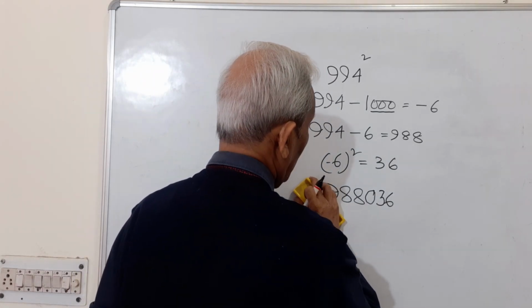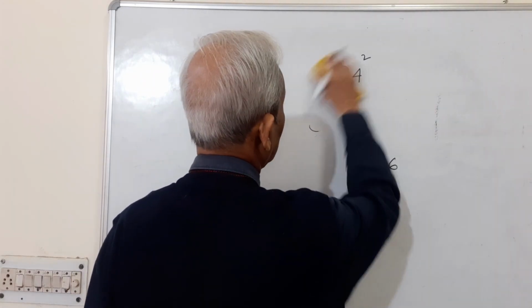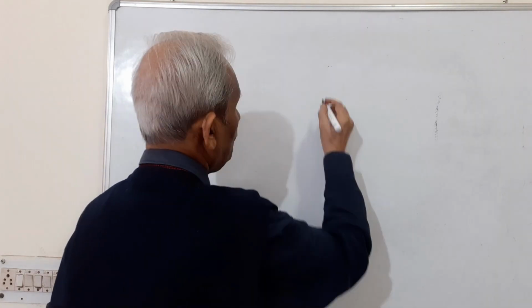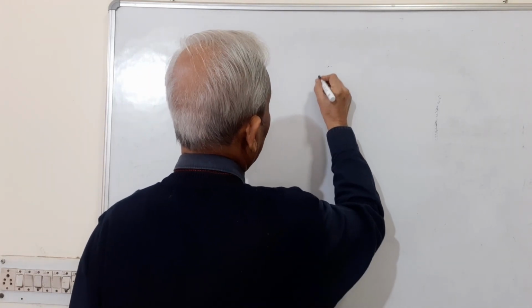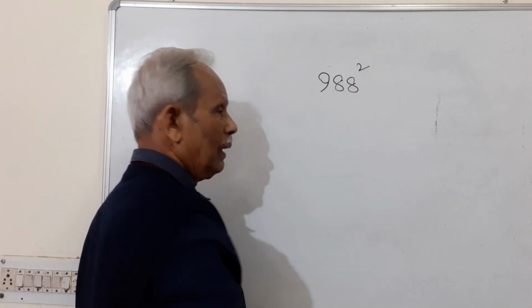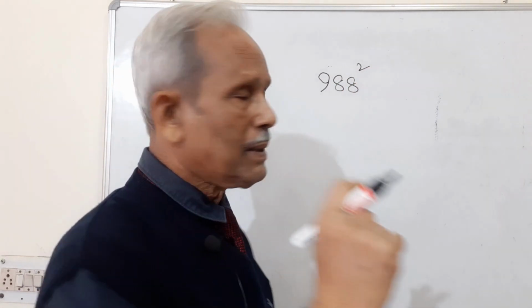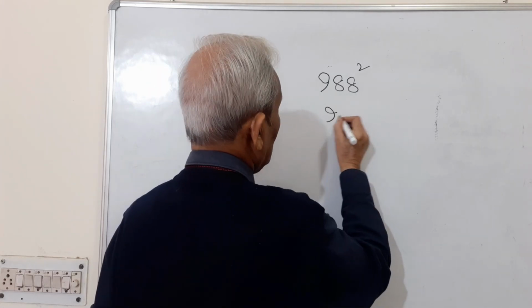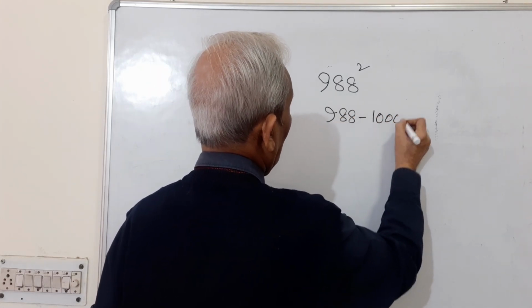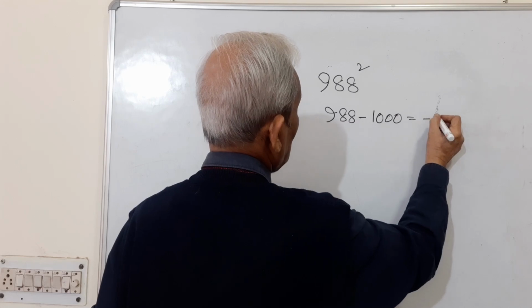Now let me do another problem just like this. For example, if we do 988 square, well, here again the base is 1000. So 988 minus 1000 is how much? It's -12.